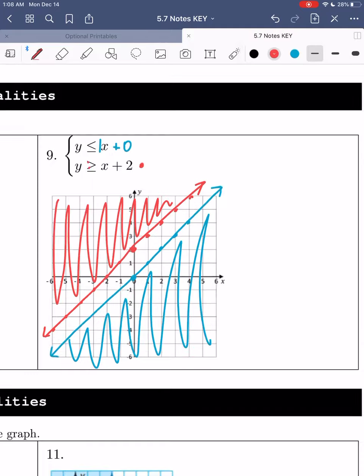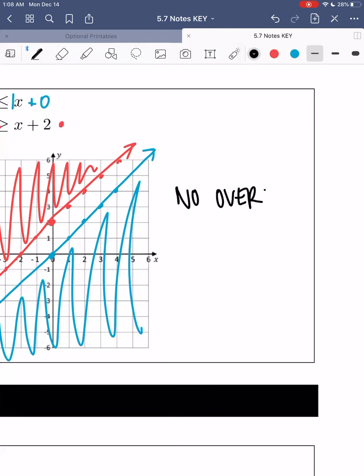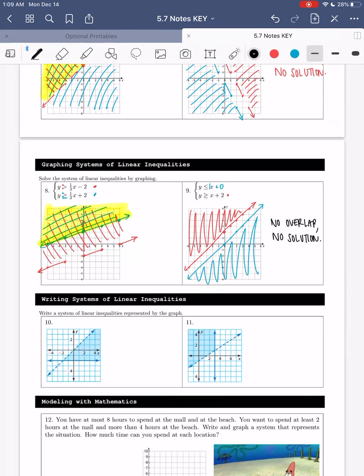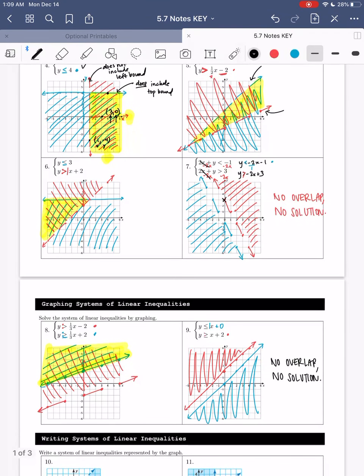So once again, they are going opposite directions. There's no overlap. So this is no overlap, no solution. Yep, I think we're okay with those.